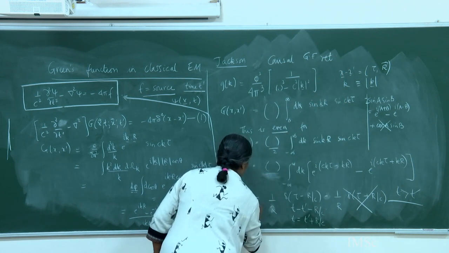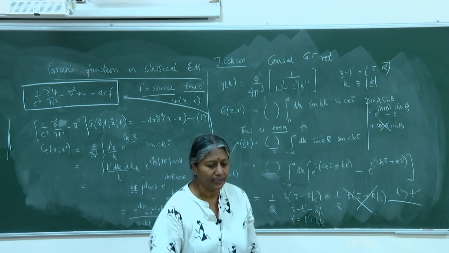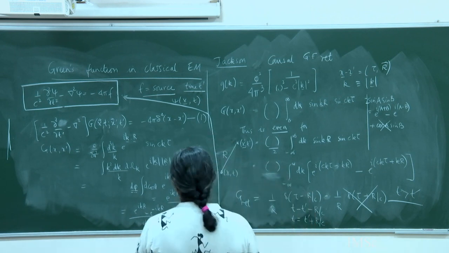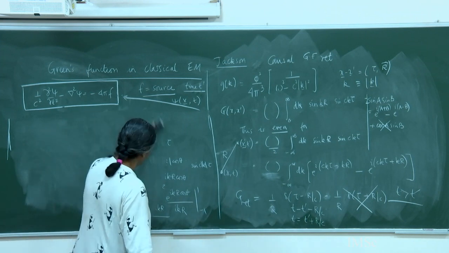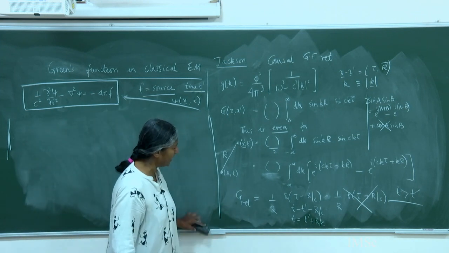So G ret. So that means that if I want to write now, sorry about the sketchy derivation, but I think it's just integrations, and those overall factors you can keep track of.